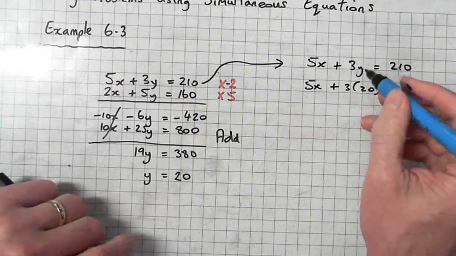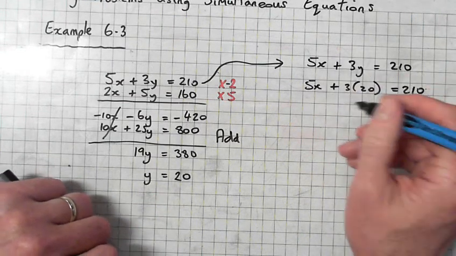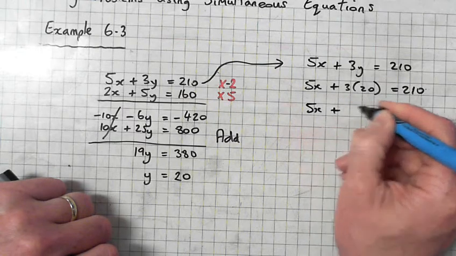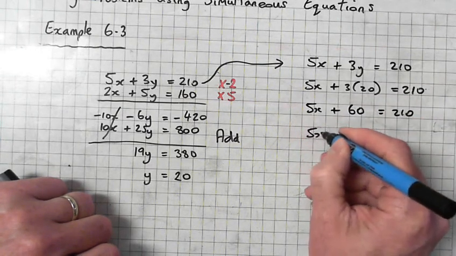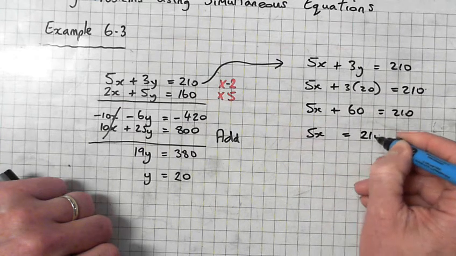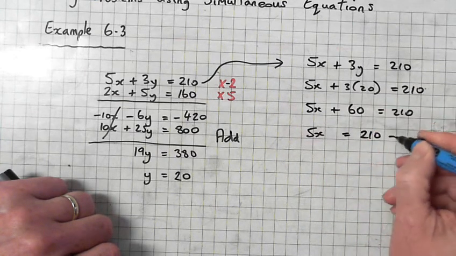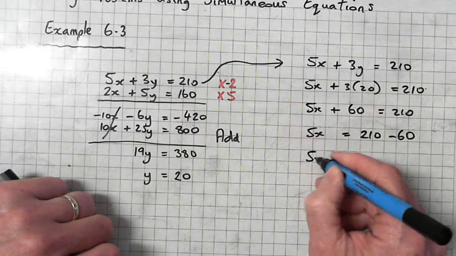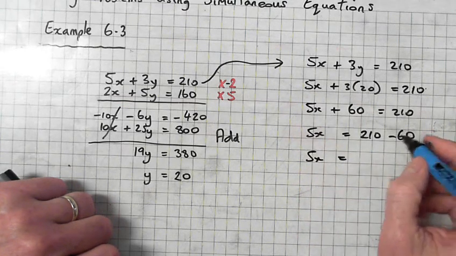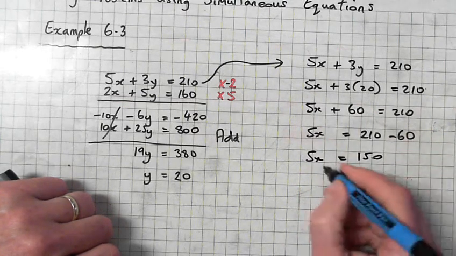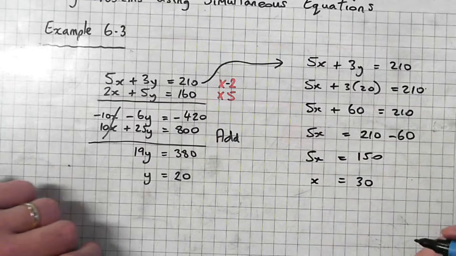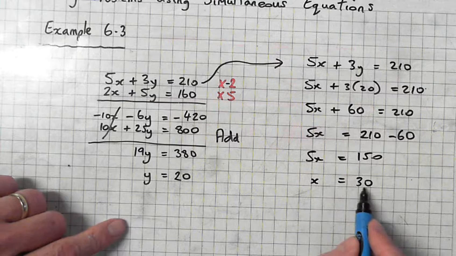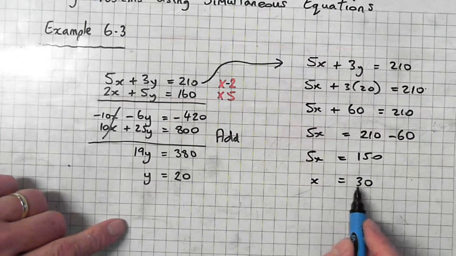The reason why I'm putting in 20 is because I want to find out what x is. 5x plus 60 is equal to 210. 5x is equal to 210, bring the 60 across, minus 60. 5x is equal to 150. Divide both sides by 5. So the cost for an adult, X is the adult, is €30.